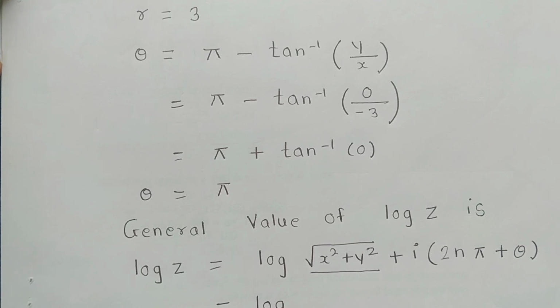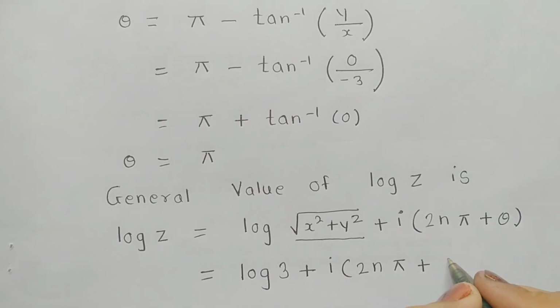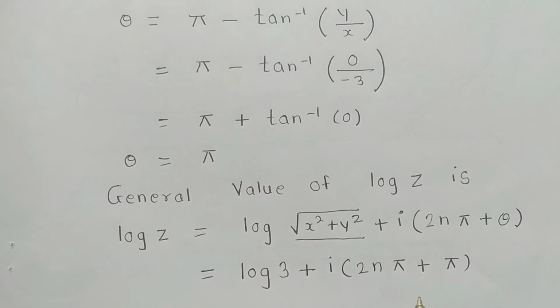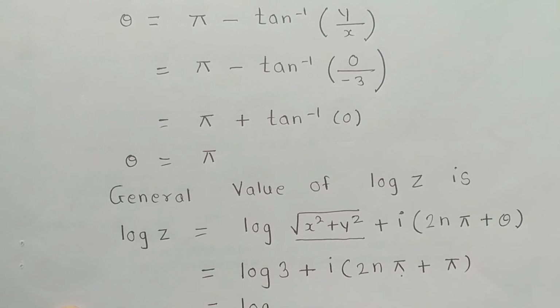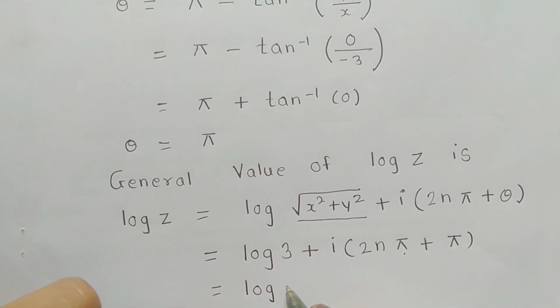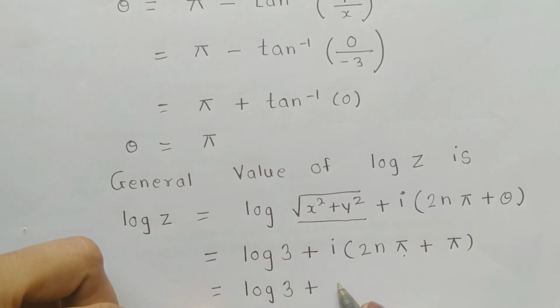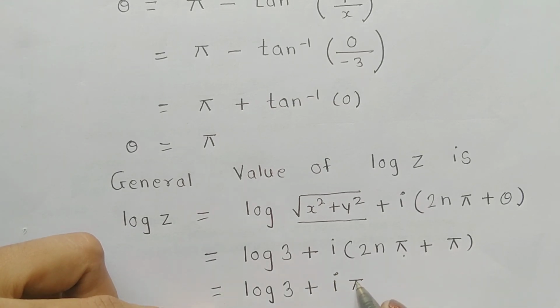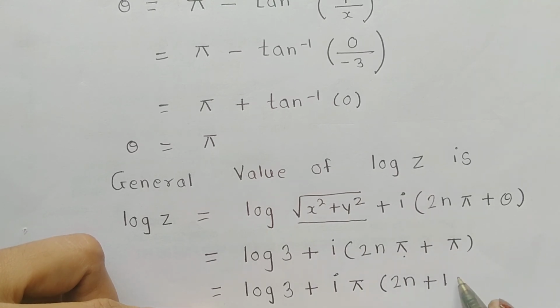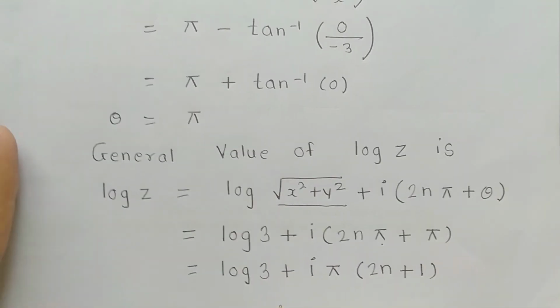So log of 3 plus i times 2n pi plus the value of theta, which here is pi. So after taking pi as a common factor, we get log of 3 plus i pi in brackets 2n plus 1. So this is my final answer for the log of z.